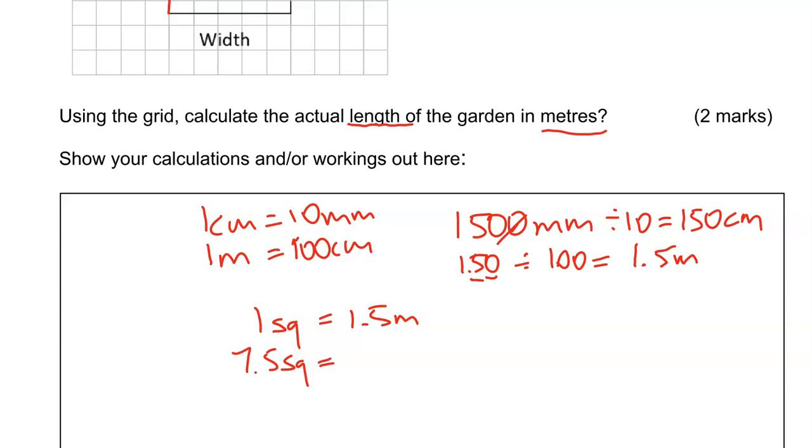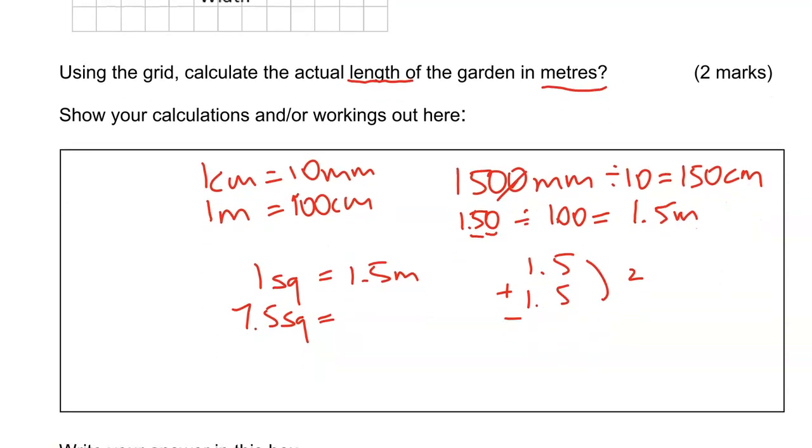You can go through the long multiplication of 1.5 by 7.5, or you could do it 1.5 add 1.5, so that gives 2 lots. And we're looking for 7.5. So 2 lots is equal to 3. If you add another 2 lots to make it 4, so that is 3 and 3 gives us 6.